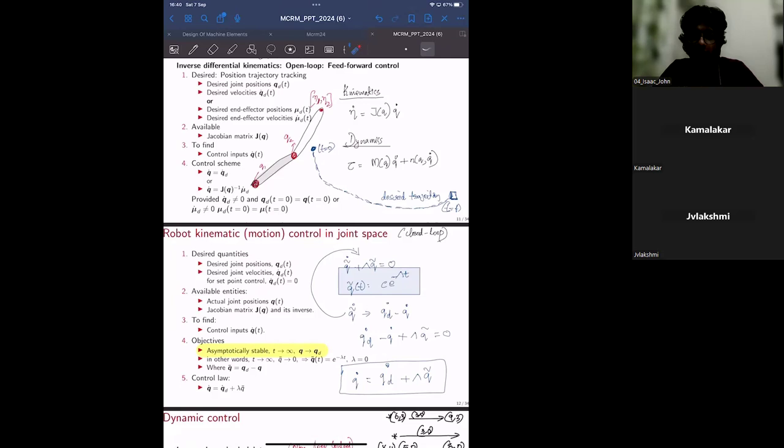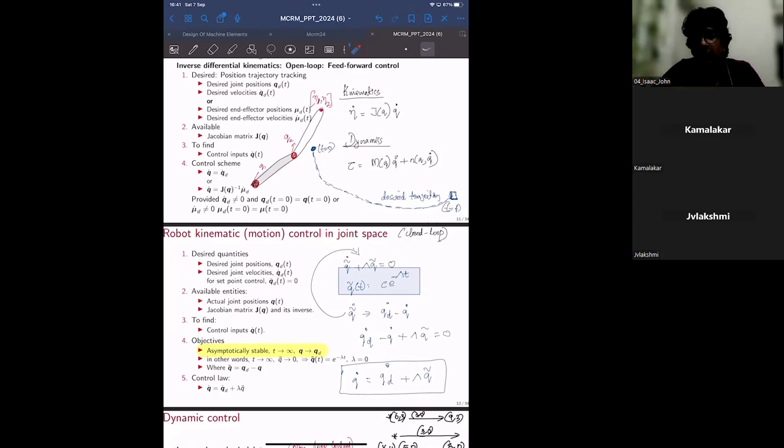Or if you want to create a robot for educational purposes, maybe a joystick operated robot just for forward kinematic simulations, you can have it as an open loop scheme. Maybe a joystick operated or remotely operated mobile robot can be an open loop scheme.